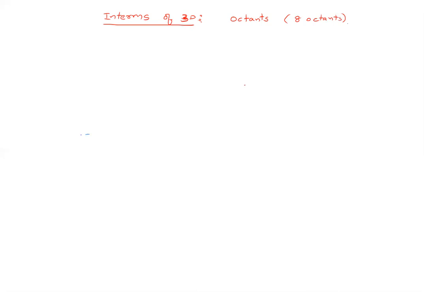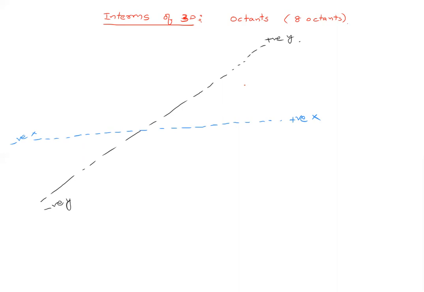If you are considering this to be axis 1 and this to be axis 2, that is, one is x, positive x, negative x, positive y, negative y, and your third axis will be like this.